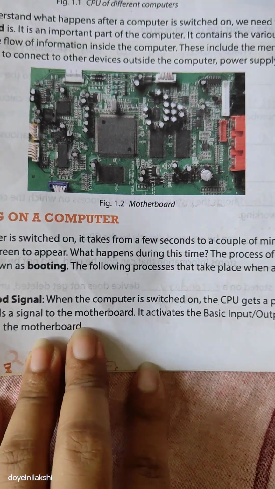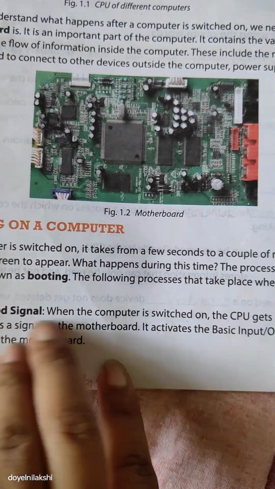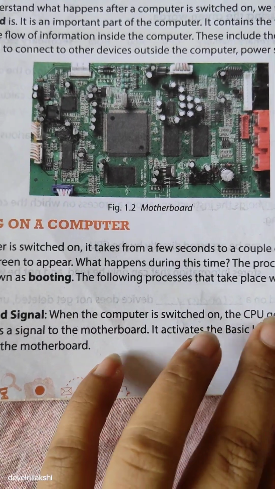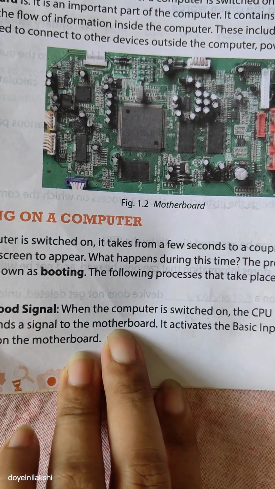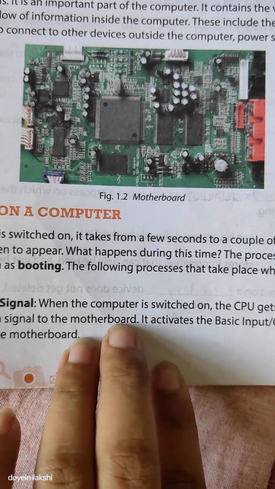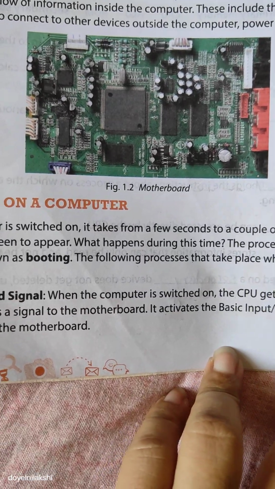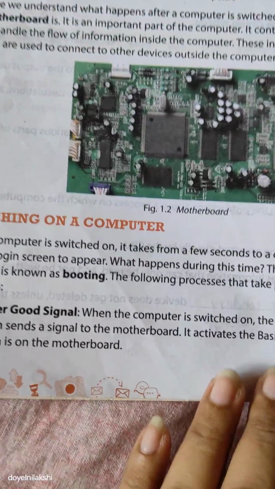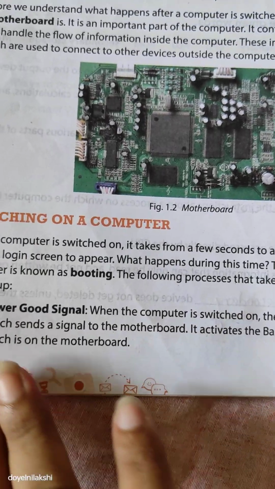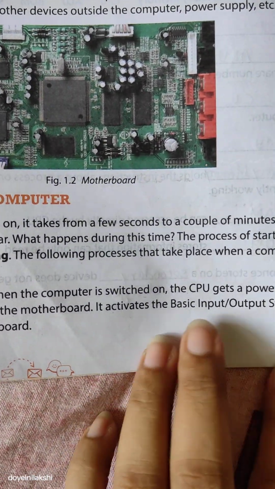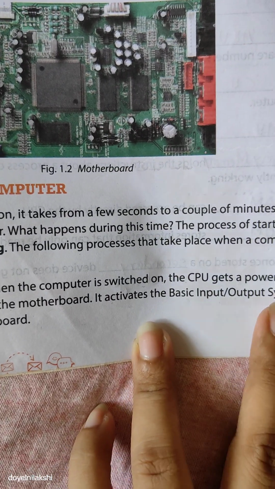So first of all, when we switch on the power switch, the CPU gets the power supply. Then the CPU sends the signal to the motherboard. To whom? To the motherboard. And the motherboard activates whom? The input output system. The motherboard activates the basic input output system, that is BIOS.